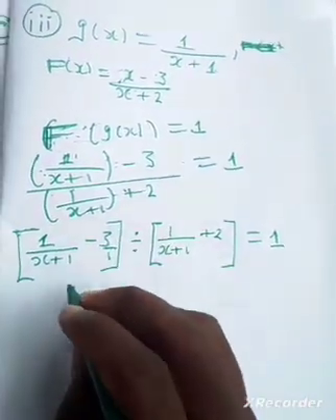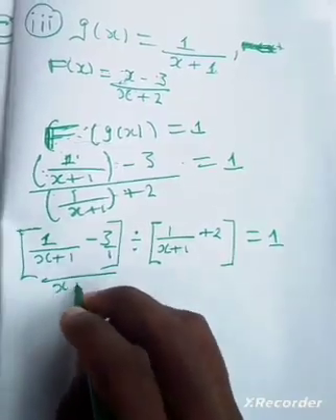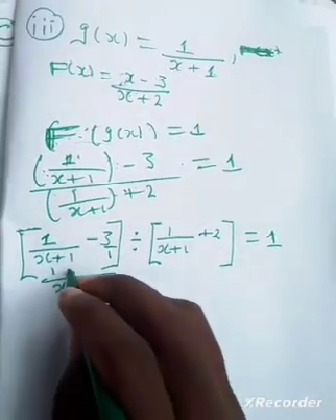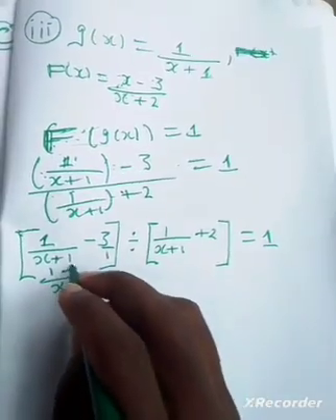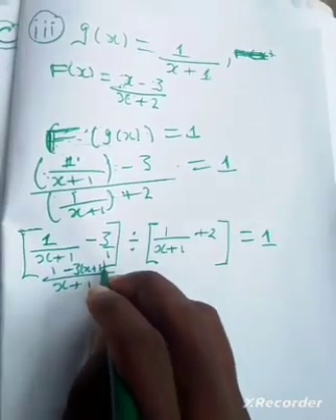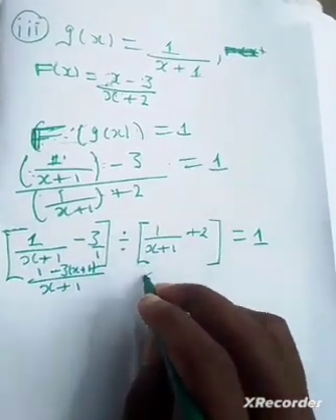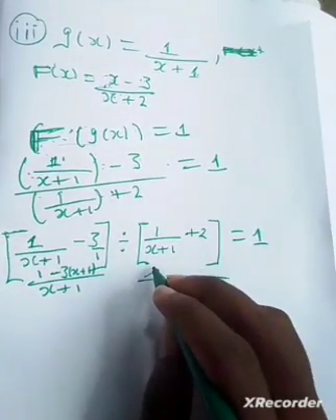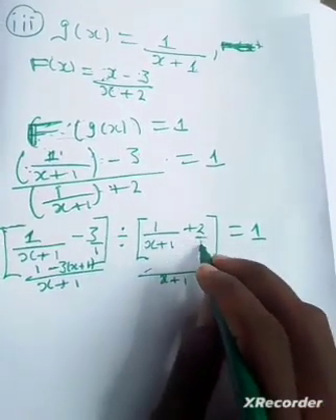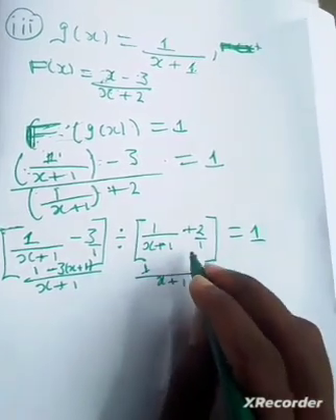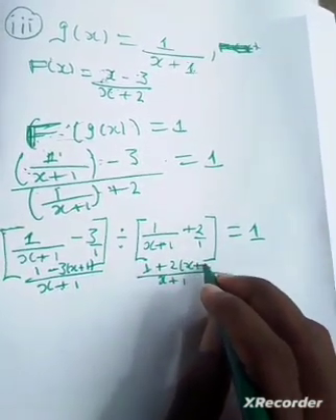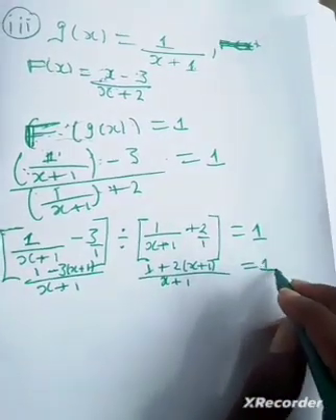So now I can simplify each. Common denominator is x plus 1. This into this, it is 1, right? It is negative 3 over x plus 1. We come here, x plus 1, it's going to be 1, right? It's going to be plus 2 over x plus 1, equal to 1.